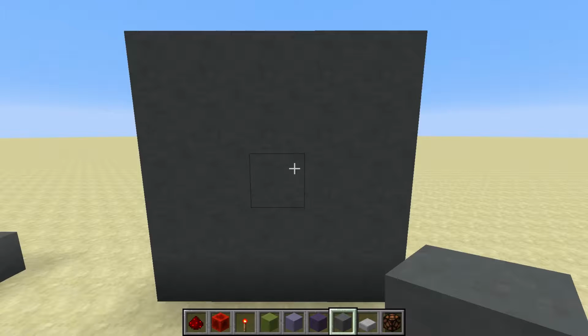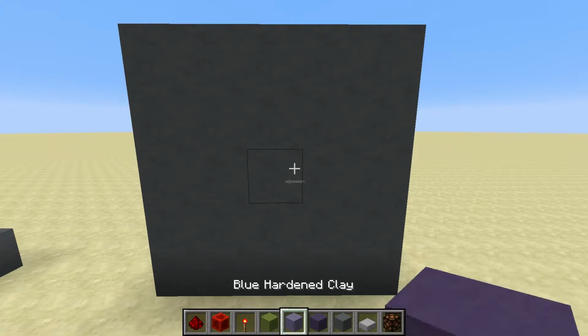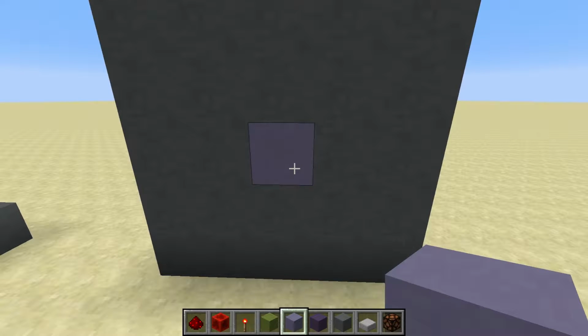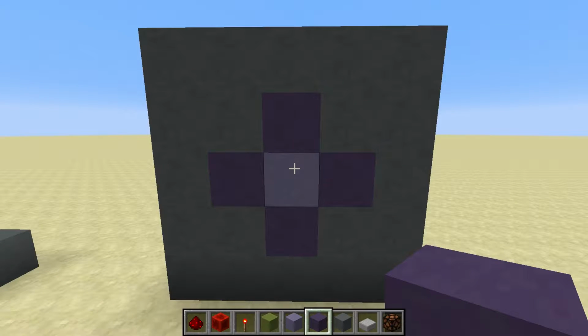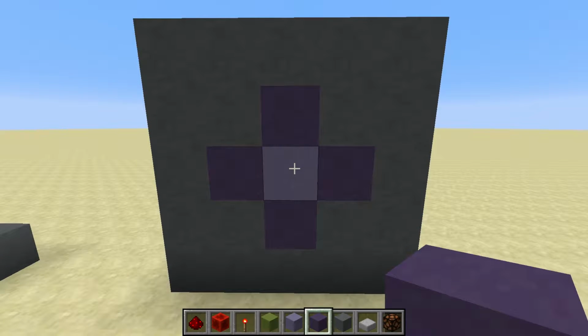Every block in the world is unpowered by default. It is only when a source block is added that this value changes. We can see that since we added the source block, the blocks around it are affected by the source block's power.